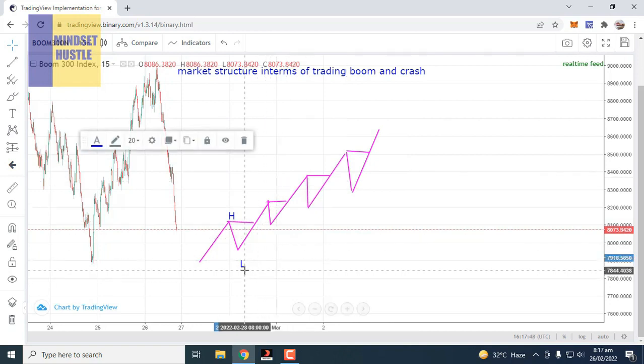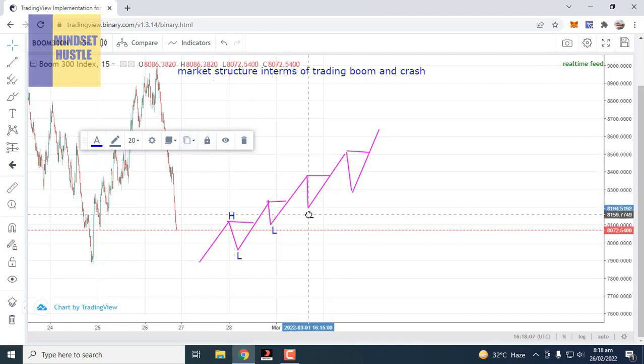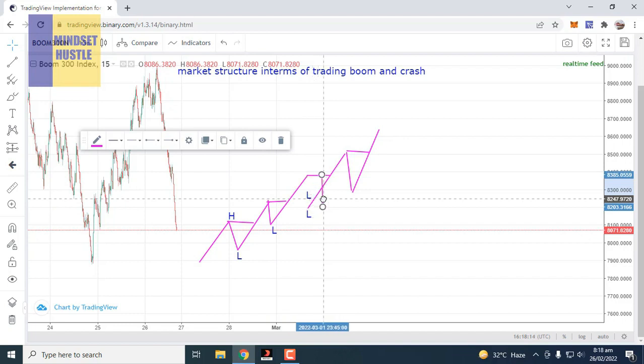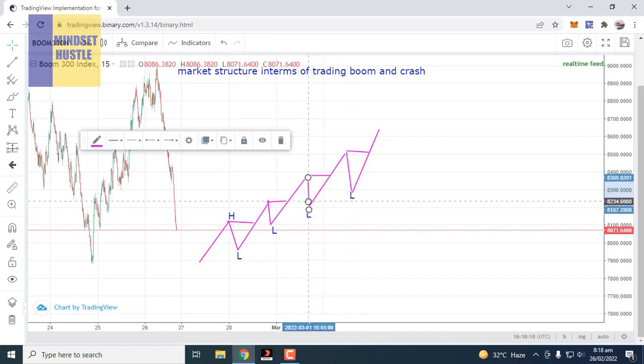All right, so the lower point here, the lower point where market turned over here, is the high at that point. Then we have another high formed above, another low formed above, and another low also formed above here. Okay, so you can see that.